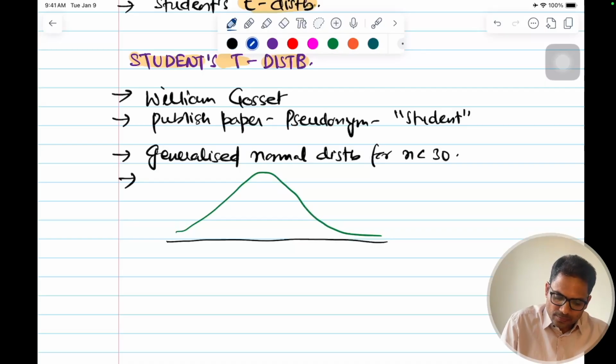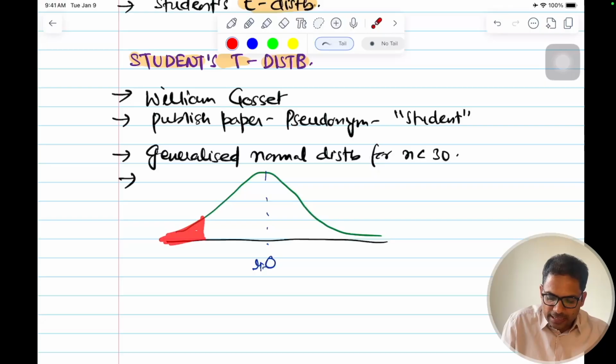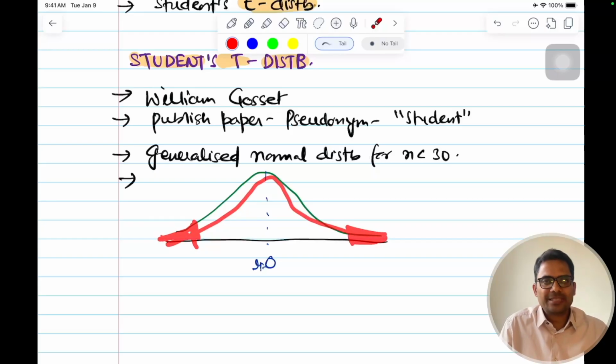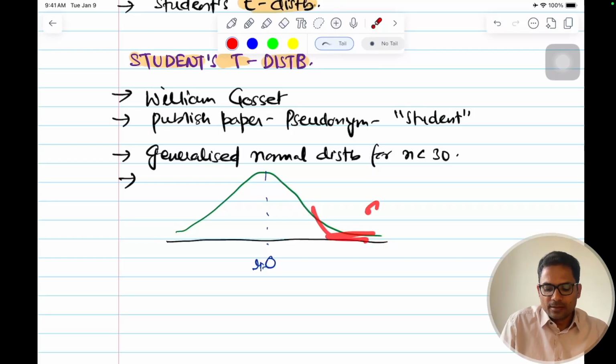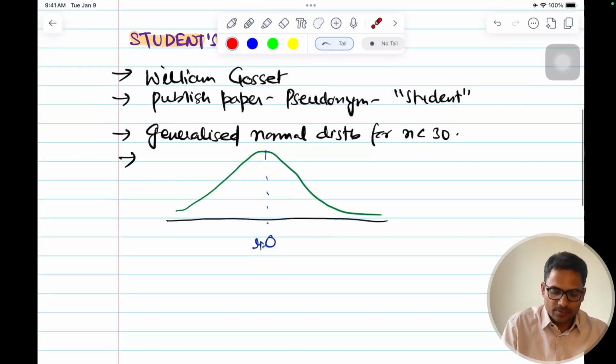Kind of similar. So this is your mu, but the tails are thicker than a normal Gaussian distribution. The normal Gaussian distribution will have a thinner tail. The thickness of this tail is determined by another thing called degrees of freedom, which we'll discuss in some time.